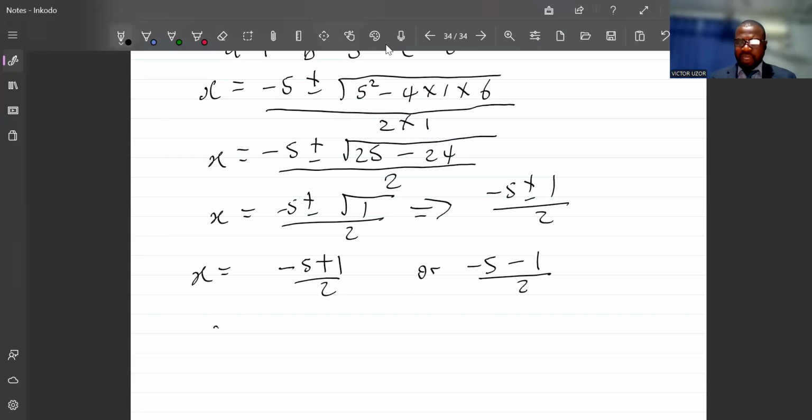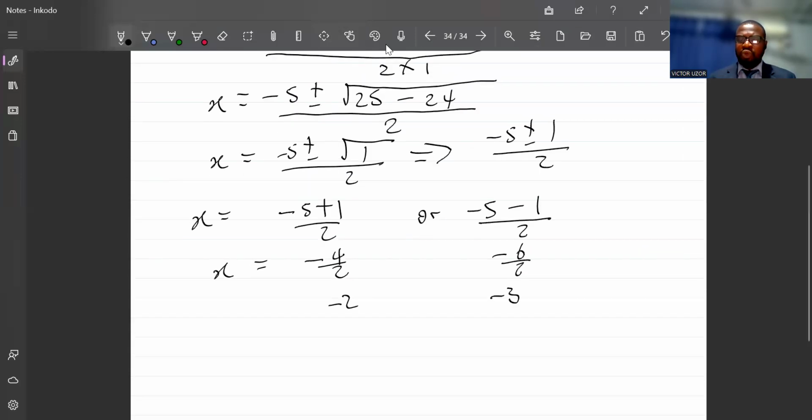Mathematically, if I simplify it, this will give me negative 4 over 2, and this will give me negative 6 over 2. If I divide by 2, I have minus 2 and minus 3.